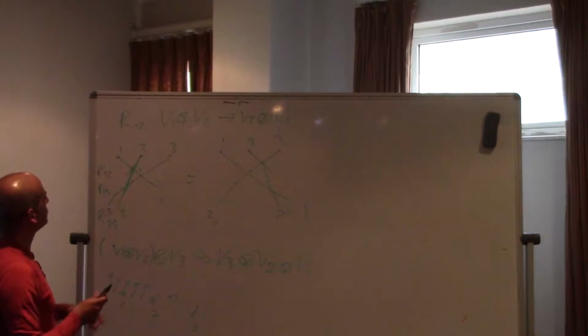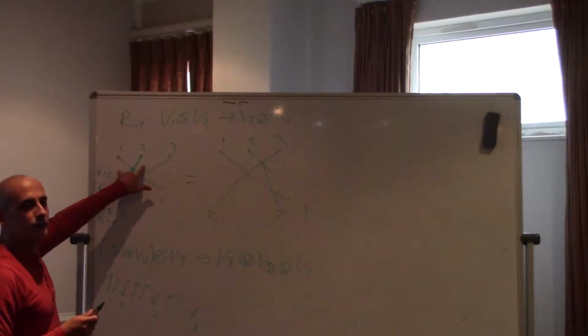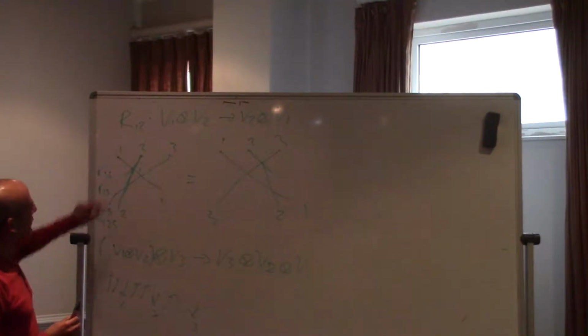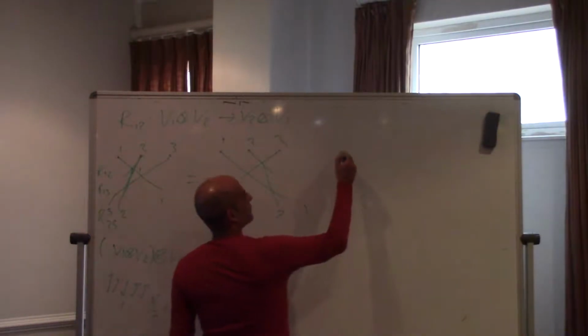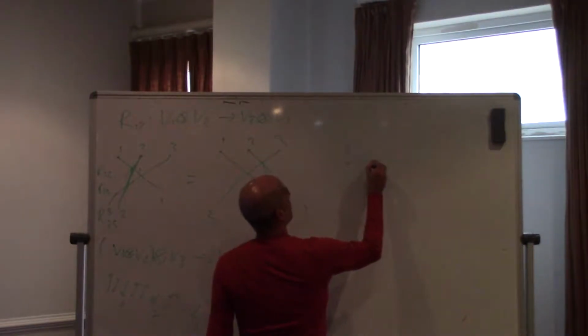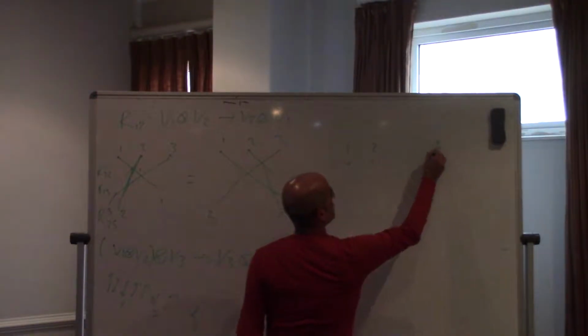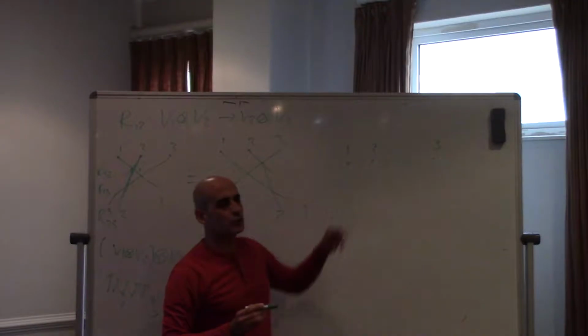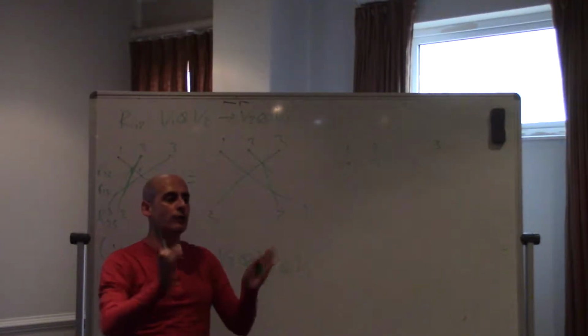So, for instance, if you want to redo this calculation and act with R12, let's say you start with, and I'll use a graphical notation where I put 1 and 2 close by, and 3 farther away. Having them close by means that the parentheses is around 1 and 2.